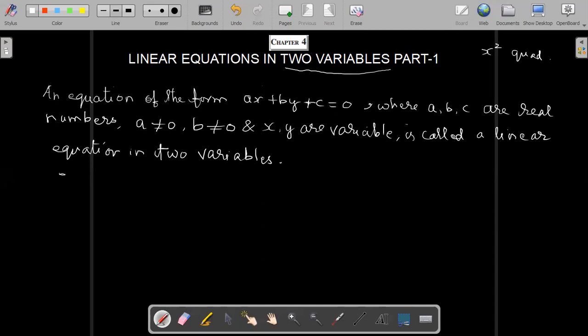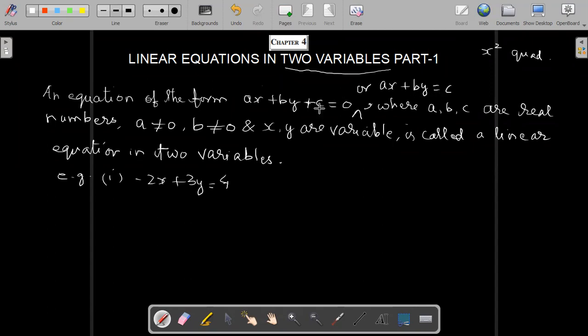For example, we can write some examples. Minus 2x plus 3y is equal to 4. c can be written on the left side or the right side. That's why in some books you will find this format, or ax plus by is equal to c.